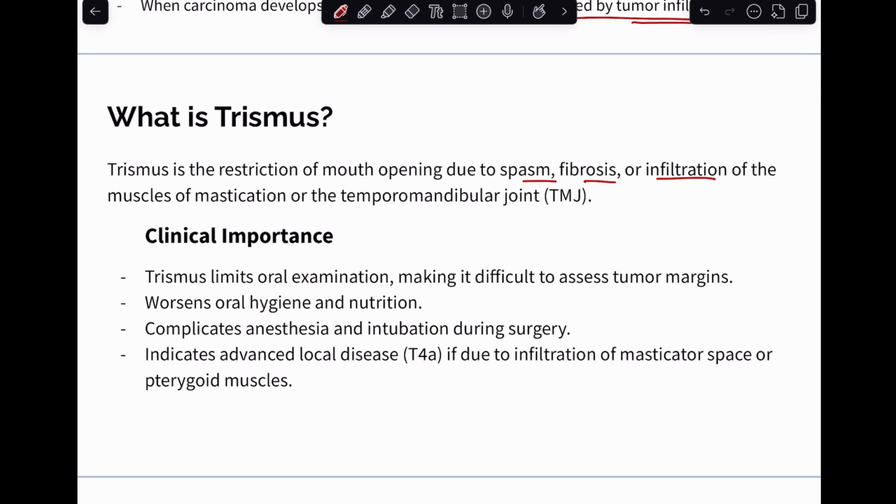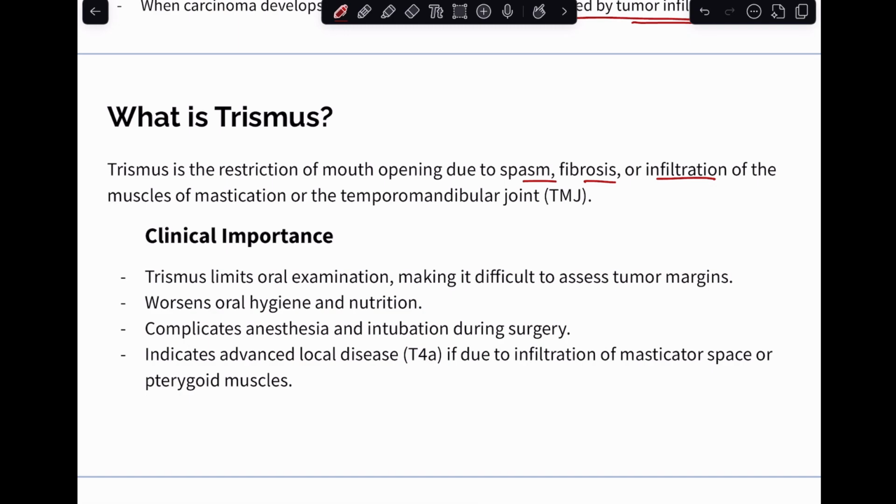First of all, you will not be able to examine the oral cavity properly because of the limited mouth opening. So you will not be able to assess the tumor margins. How far has it extended? You will not be able to assess the extent of the tumor. Second, as there is limited mouth opening, your patient will not be able to maintain their oral hygiene. Maybe when they are eating food, however difficult it might be, if it is very progressed, then they are not able to intake food, so it will hamper the nutrition.